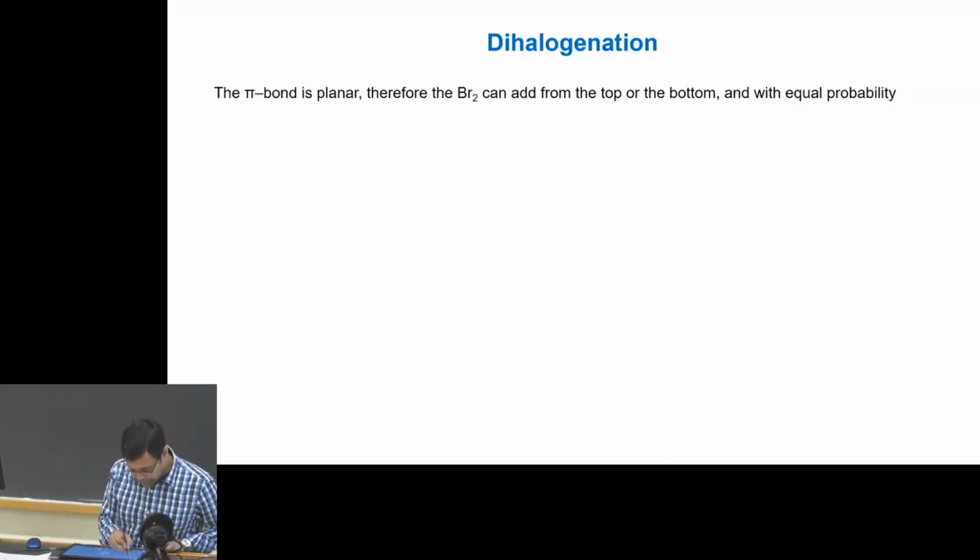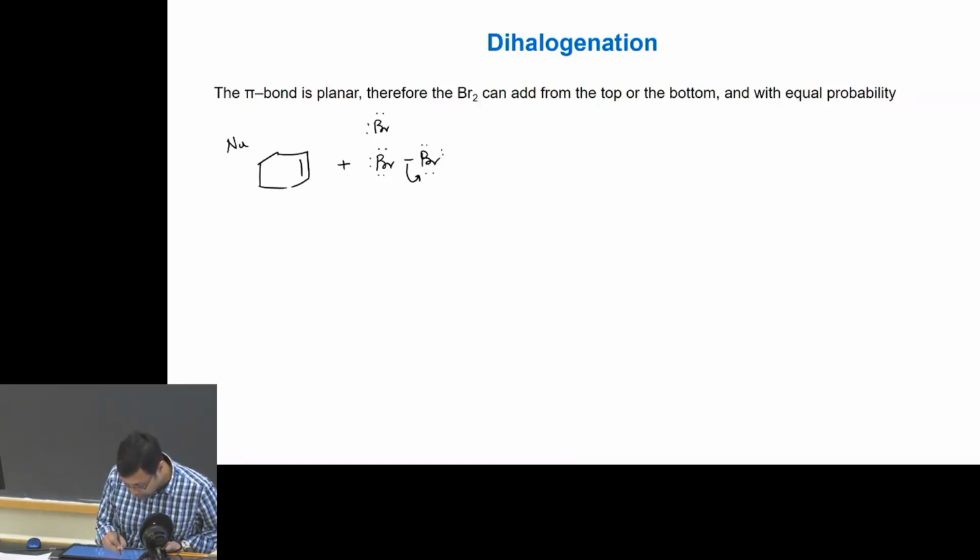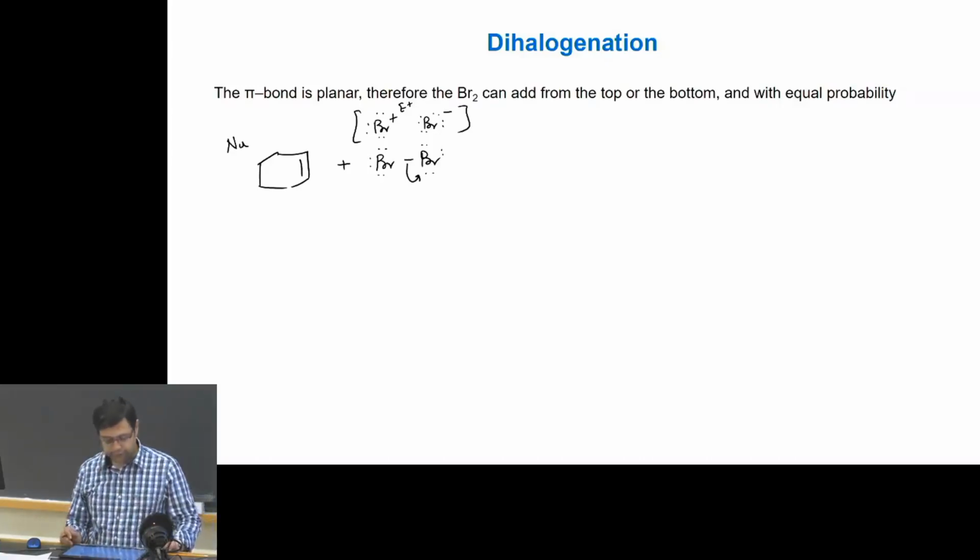So the reactants in the reaction are alkene and Br2. Alkene is the nucleophile. Br2, we said, in the presence of the alkene is going to break heterolytically to Br plus and Br minus. Br plus is the electrophile in the reaction.